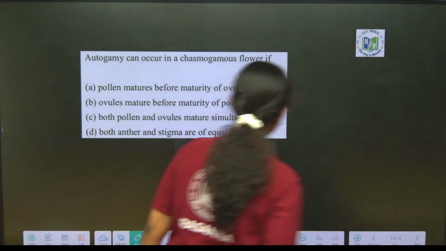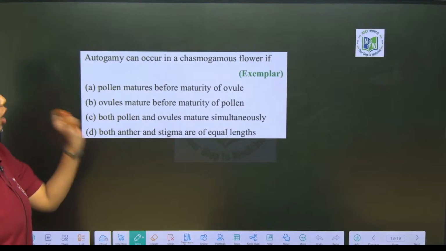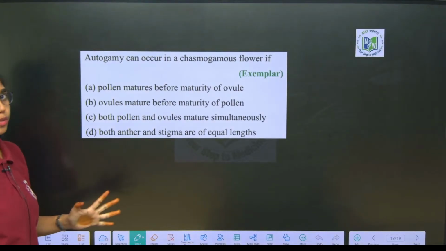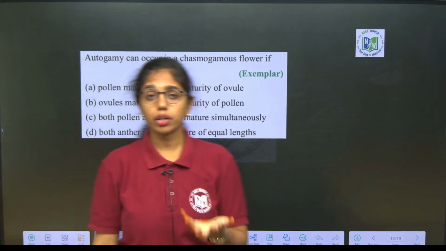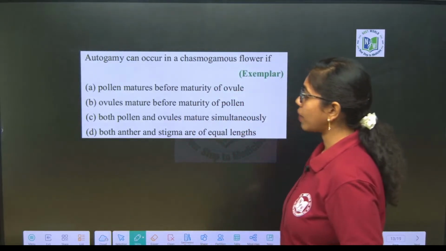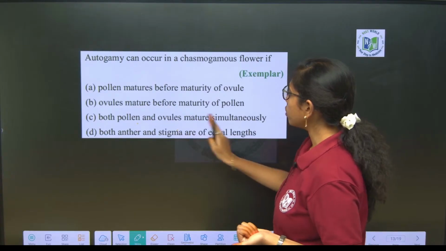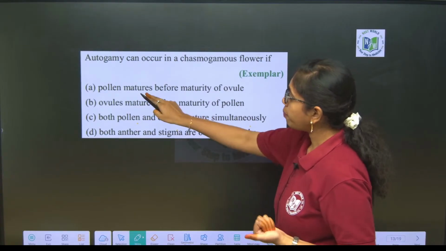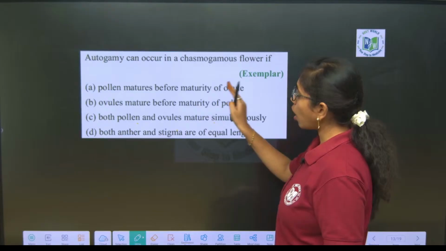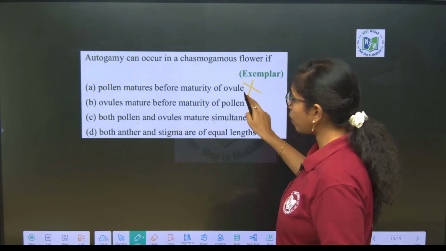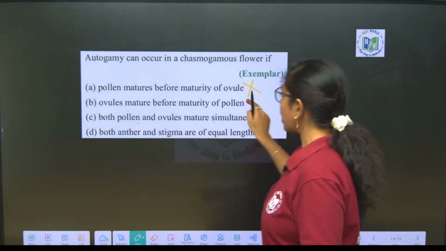And next question, look at here. Autogamy can occur in chasmogamous flowers. Yes, autogamy can occur in chasmogamous flowers when both pollen and ovules mature simultaneously. If pollen matures prior to the maturity of ovule, this is not possible. If ovule matures prior, it is not possible.